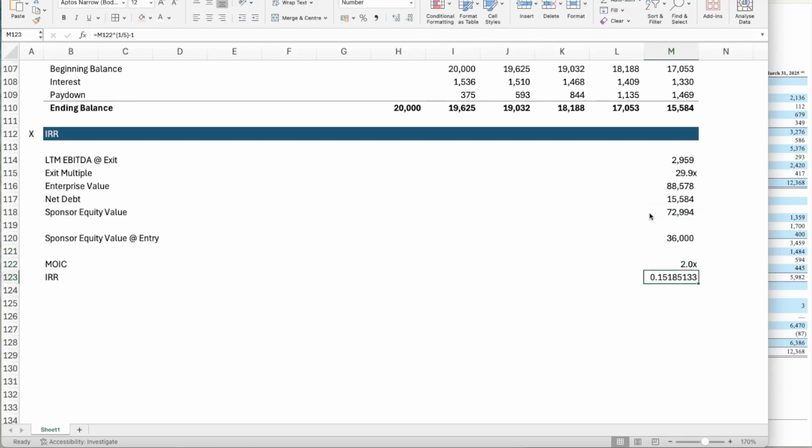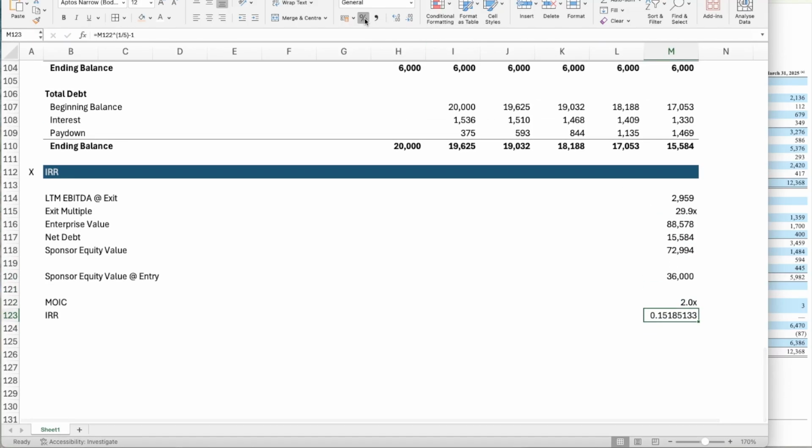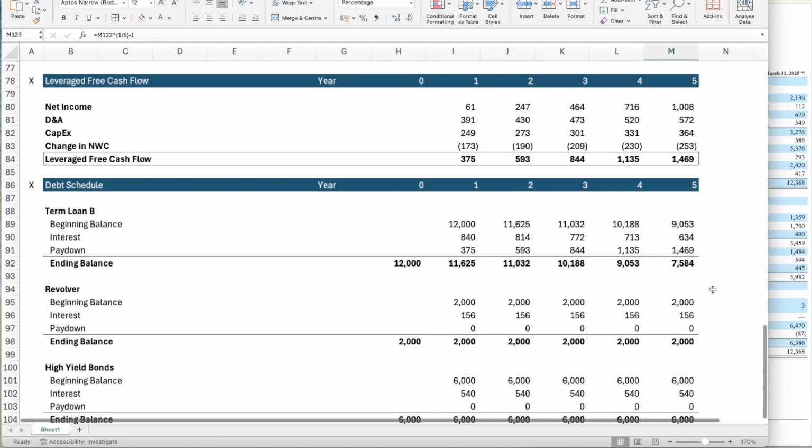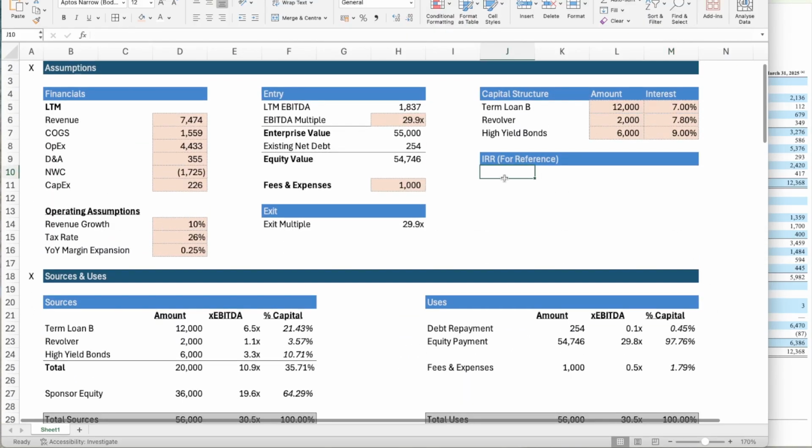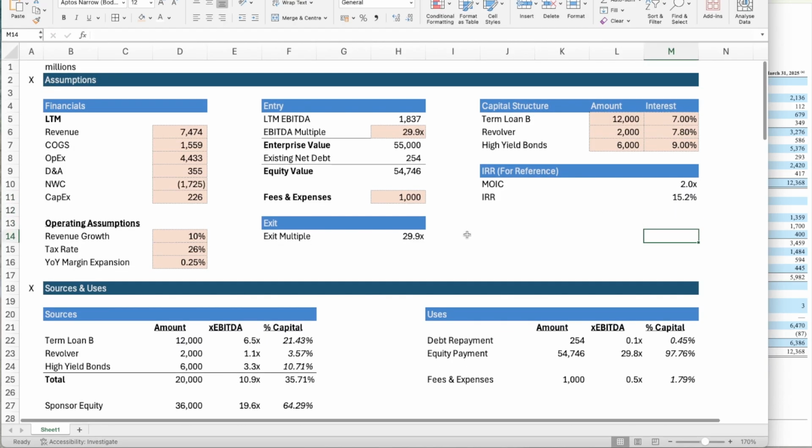So it's about 15%. Let's format that as a percent. There we go. Remember that M122, M123. So we know up here now our MOIC, multiple on invested capital, equals M122, and the IRR equals M123, 15.2%. Okay, so there we have it.